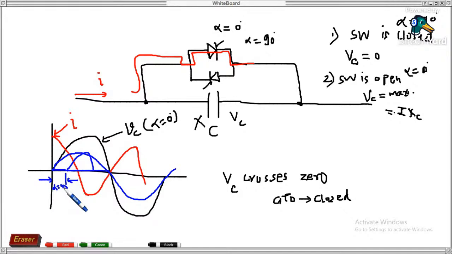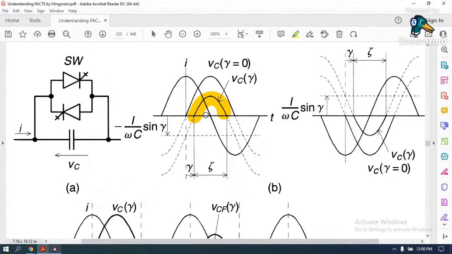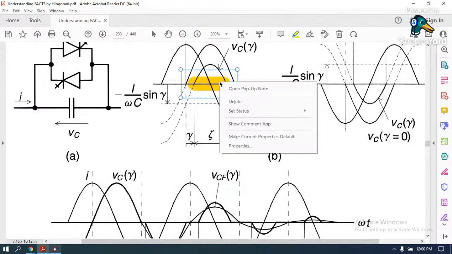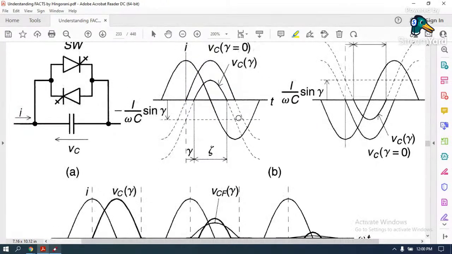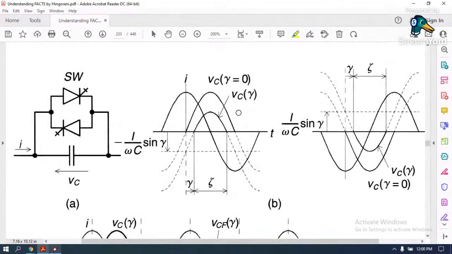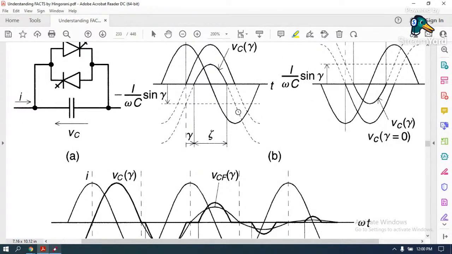If the firing angle is 45 degrees, then what is the conduction angle? If the firing angle is 45 degree, see, 45 goes from here, 45 goes from here. Out of 180, 90 is removed, so 90 degree will be the conduction. Right? Here VC was not shown as exactly 0, was it? No. Any angle.